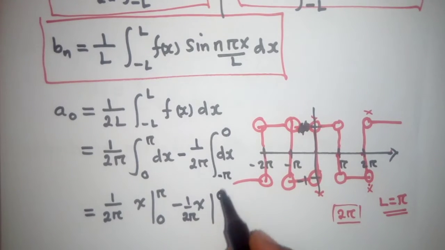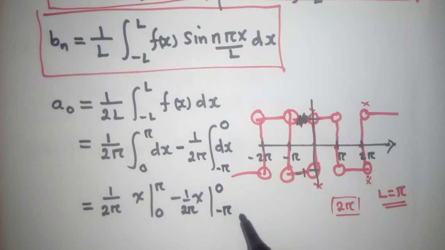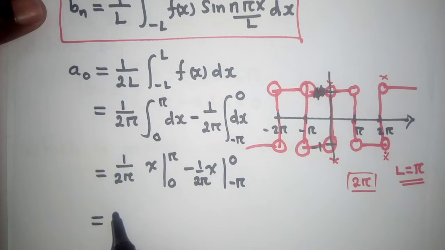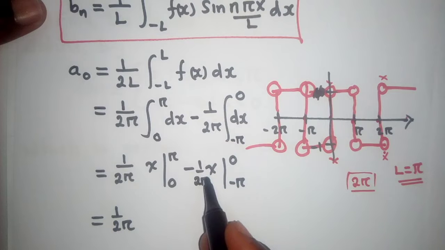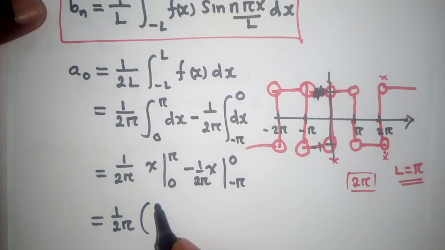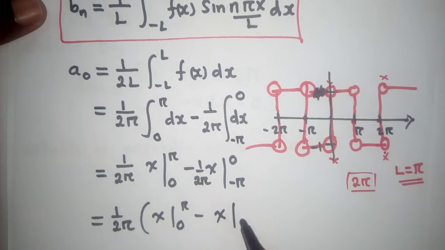The upper limit there is 0. Lower limit is negative pi. So now we can plug in our values. I've factored out this. 1 over 2 pi. So we'll remain with this minus x and this right here.